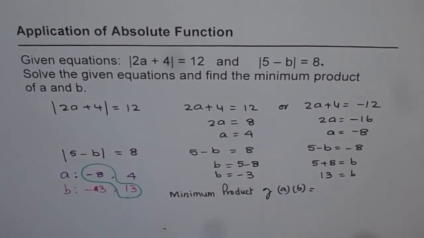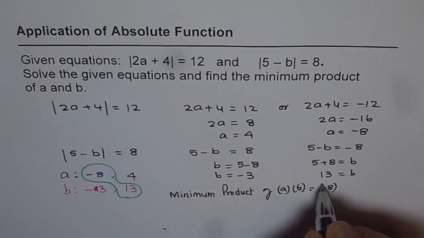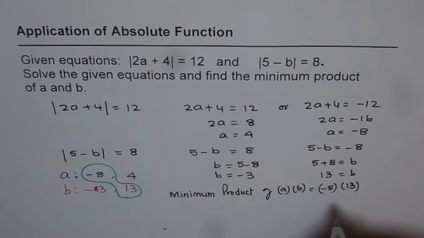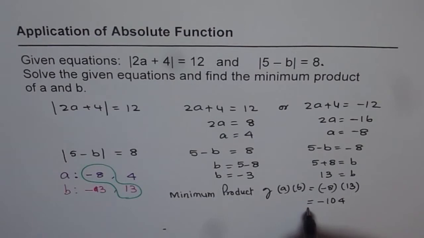That gives you the minimum value. The answer will be negative, of course. 8 times 3 is 24, 8 times 1 is 8, so 104. So the minimum product in our case will be minus 104, right?